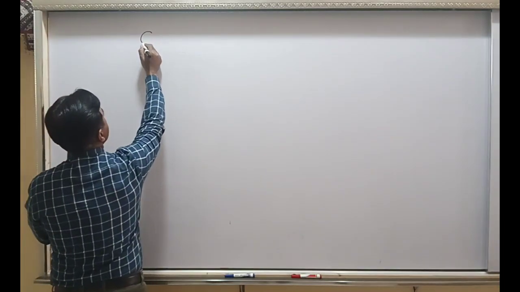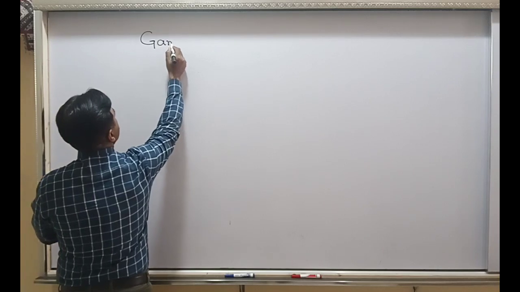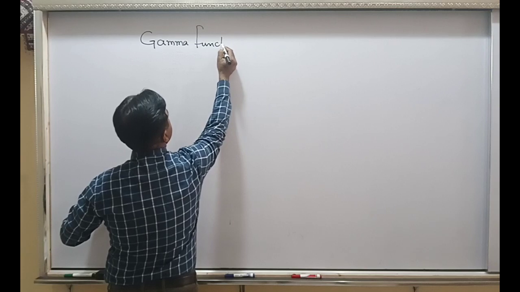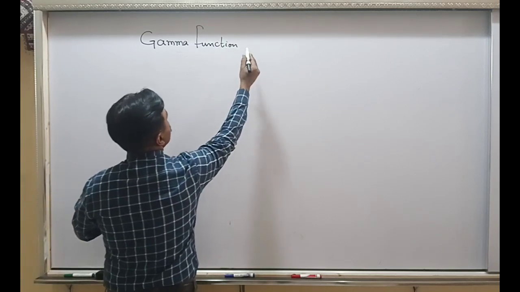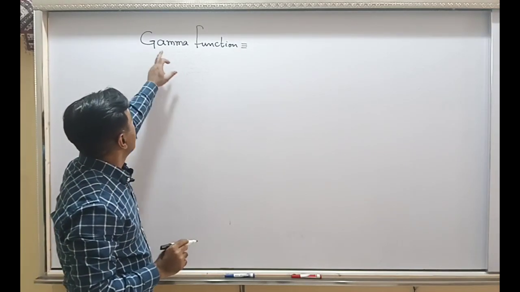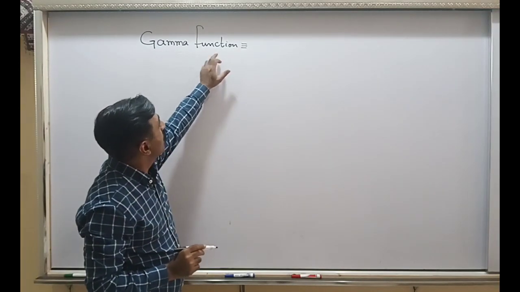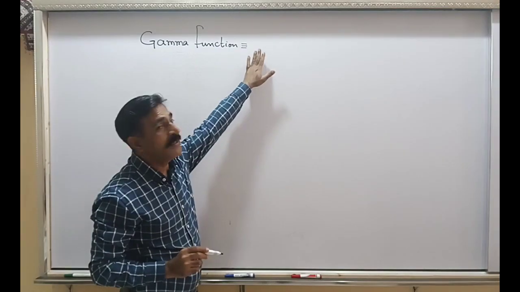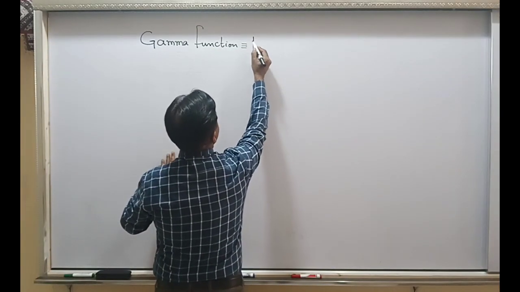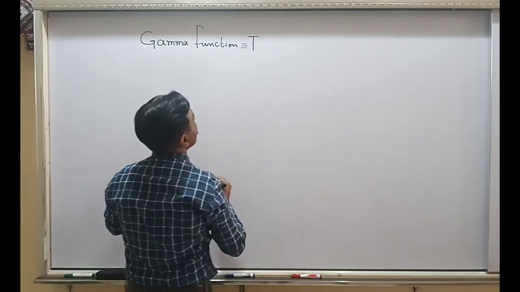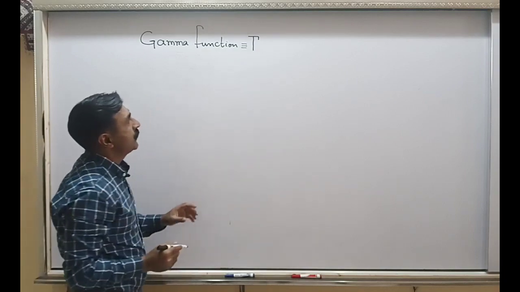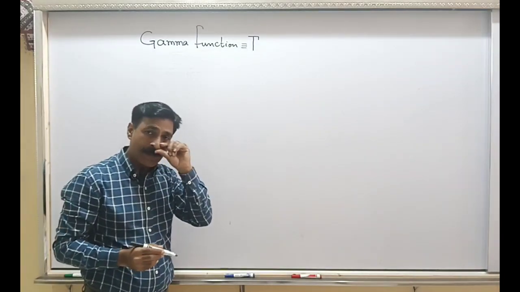So gamma function, I am putting 3 lines over here, which means identical. These words would mean the same whatever is on the right hand side, and the symbol I am going to put on the right hand side is capital gamma.